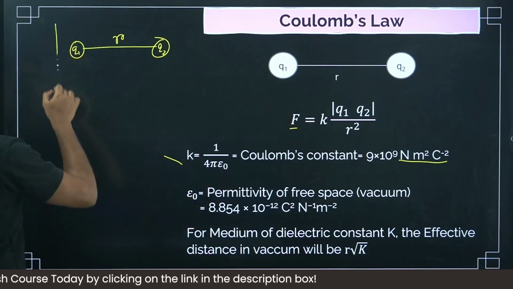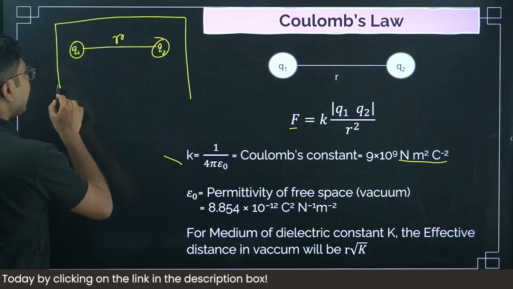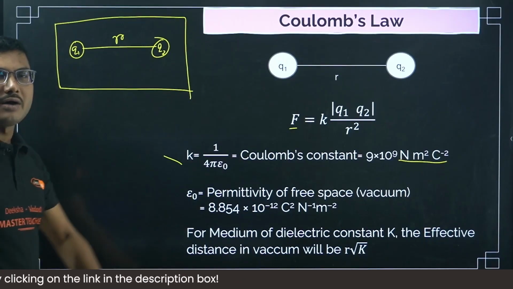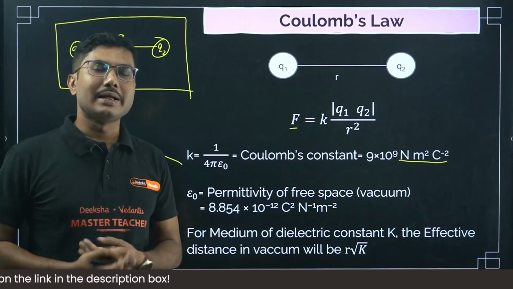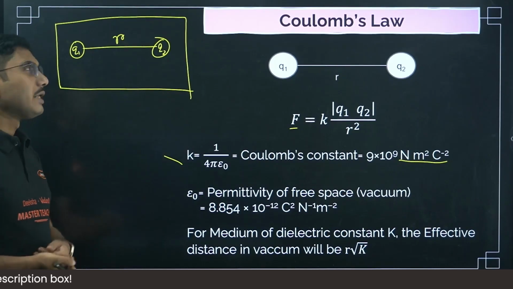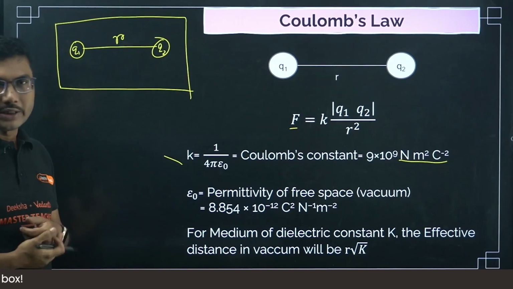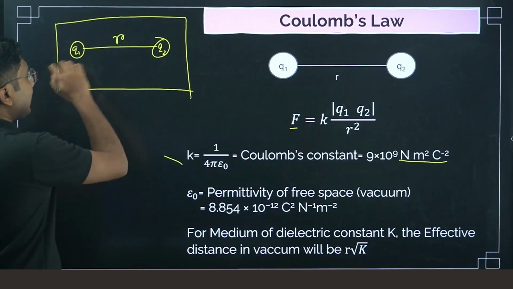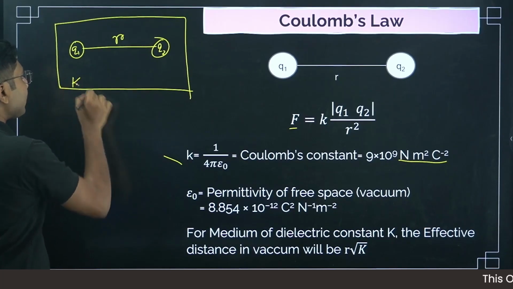But if you put them inside a dielectric medium, for example water, then what will happen to the force between them? It depends on the dielectric constant of the medium.